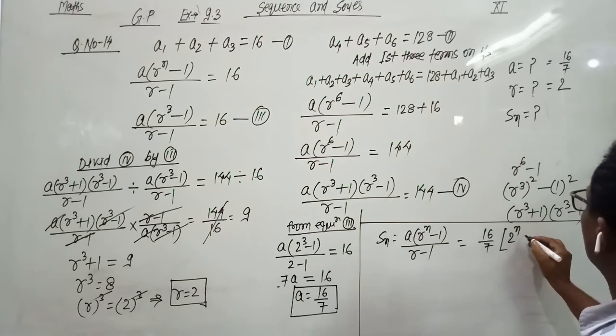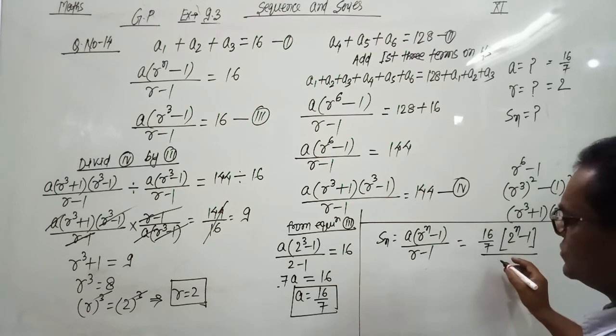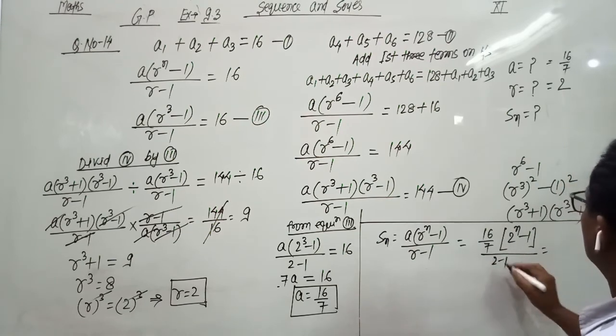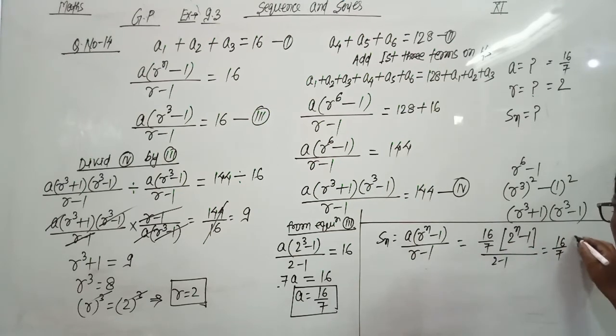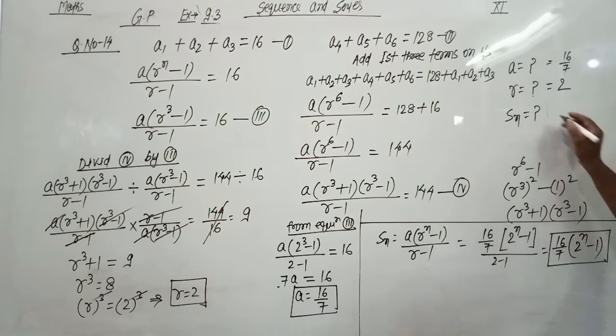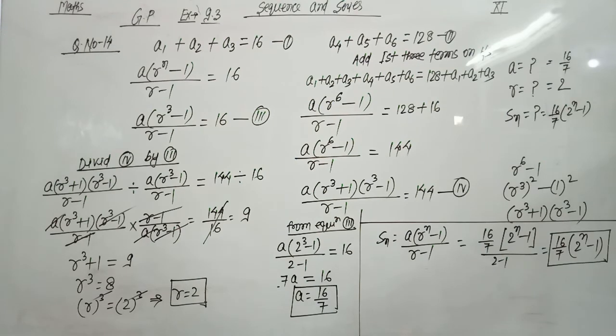So 2 raised to the power n minus 1 upon R minus 1, meaning 2 minus 1, which is 1. It becomes 16 by 7 into 2 raised to the power n minus 1. So this is the sum to n terms: Sn equals 16 by 7 into 2 raised to the power n minus 1. So we get the value of A, the value of R and the value of Sn, the sum to n terms of G.